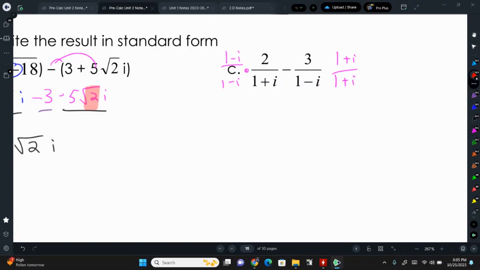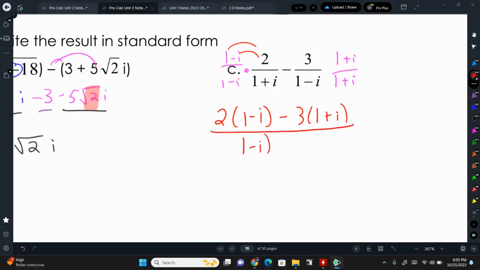So in the numerator, we'll distribute. That's going to give us 2 times 1 minus i minus 3 times 1 plus i over 1 minus i times 1 plus i.